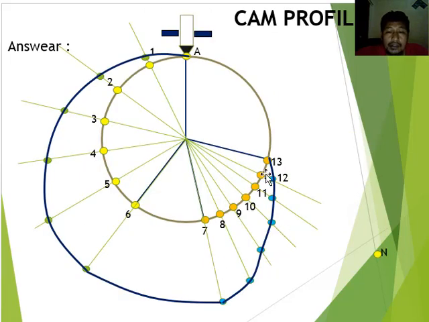After that, you can draw the curve between each point, and then you can look at the result for the cam profile like this for the problem example. This cam profile is for the knife edge follower type.